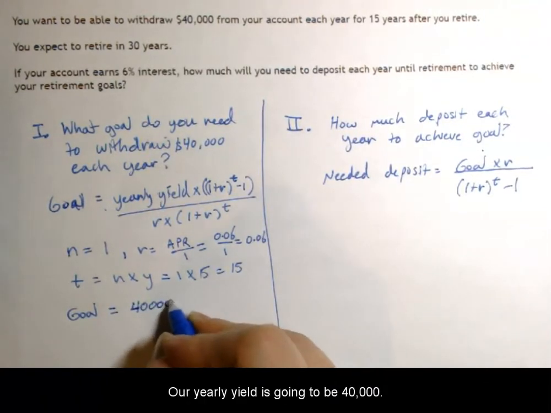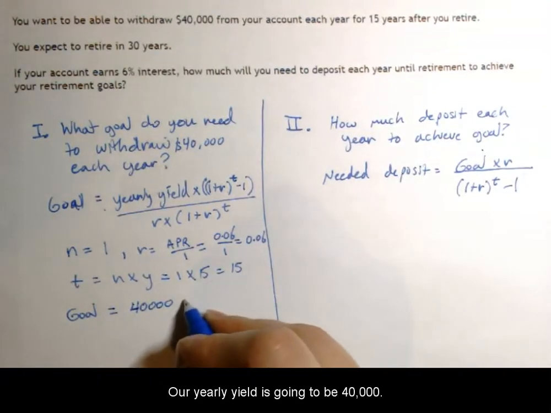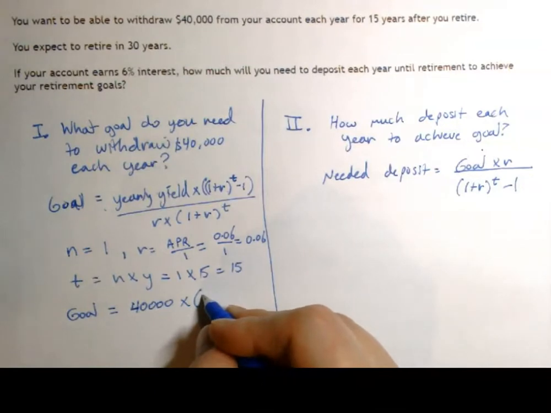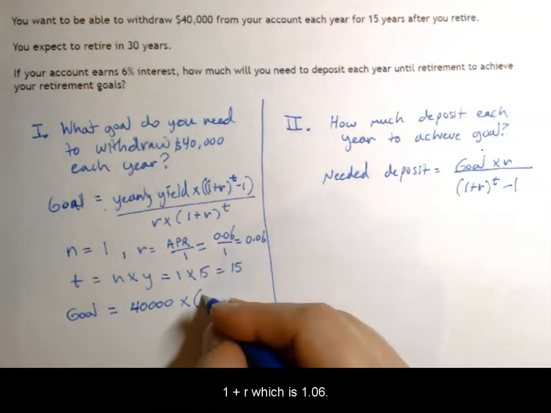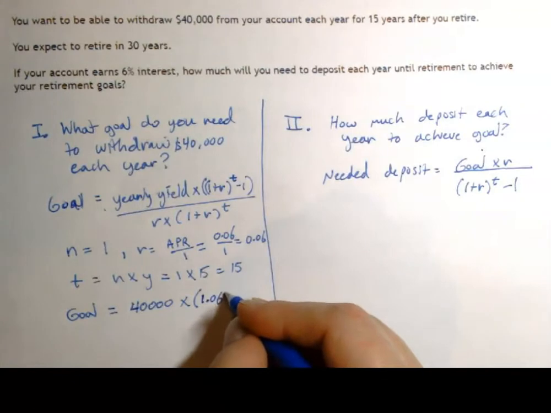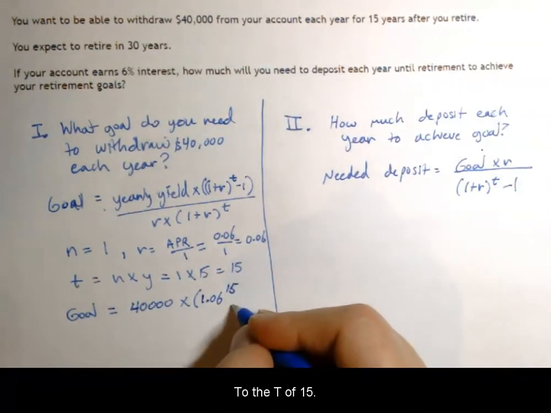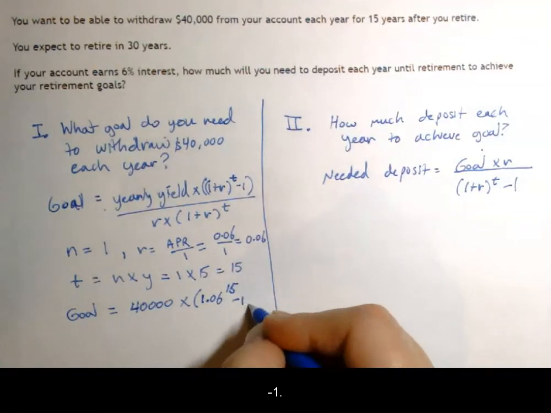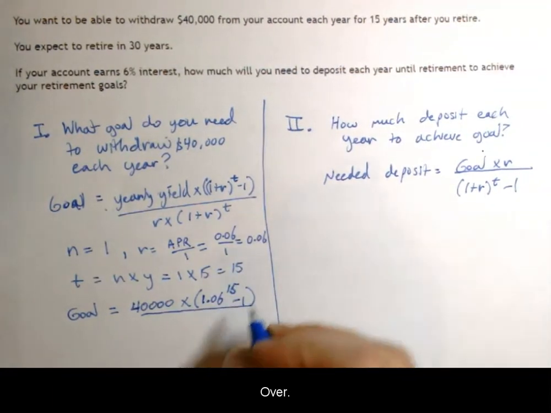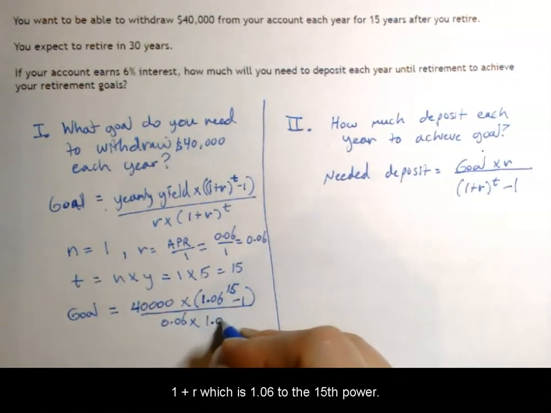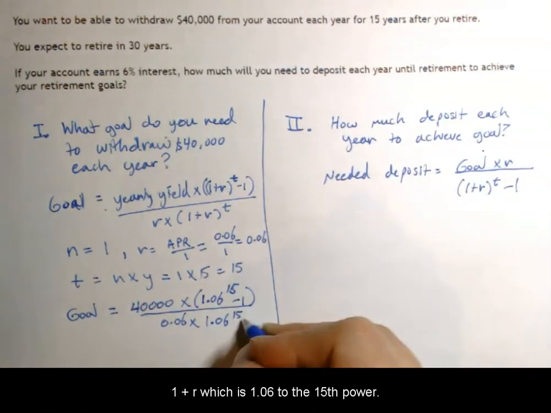So our yearly yield is going to be 40,000, and we have 1 plus R, which is 1.06, to the T of 15, minus 1, over 0.06 for R times 1 plus R, which is 1.06 to the 15th power.